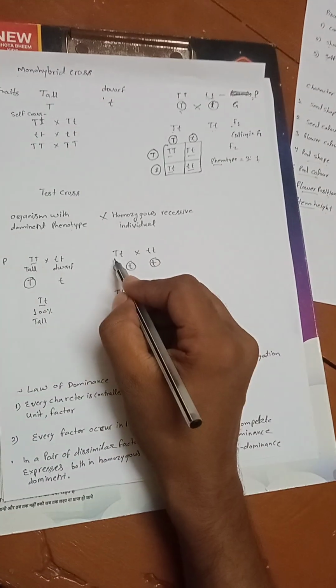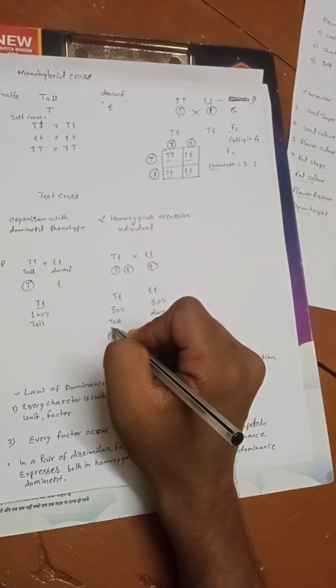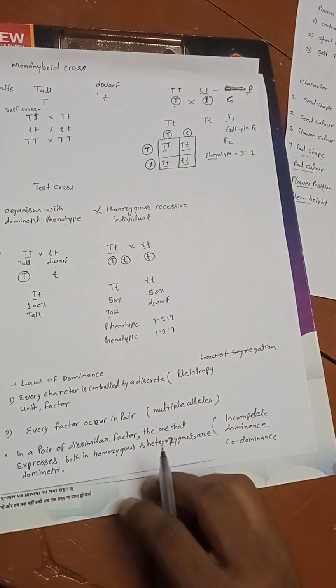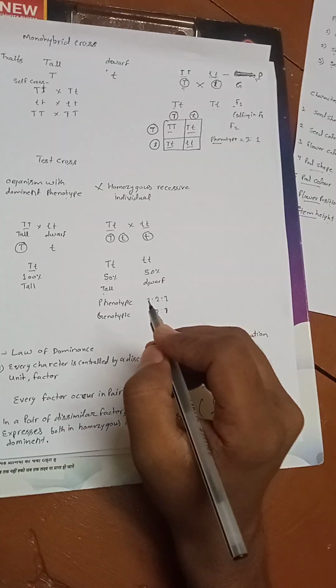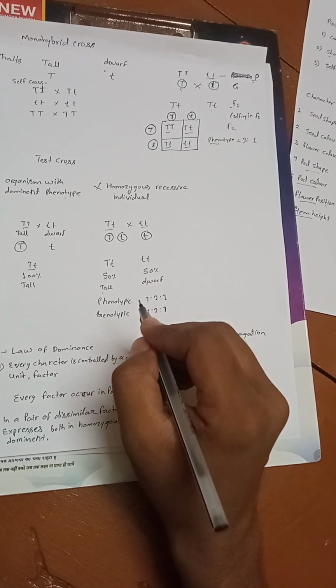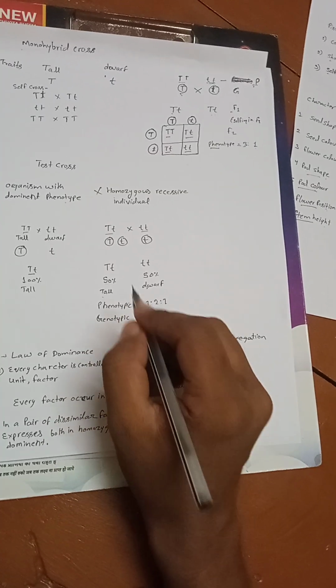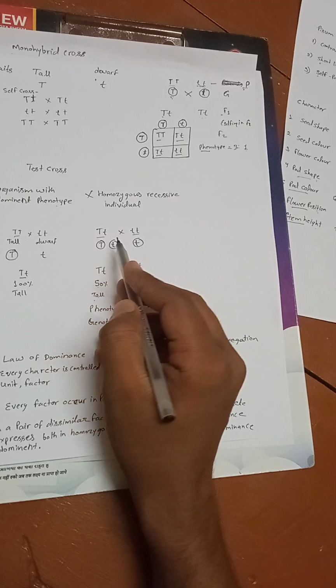When we take capital T small t cross with small t small t, then we get 50% tall and 50% dwarf. That 50% tallness and 50% dwarfness shows that the genotype of the plant we take is capital T small t.